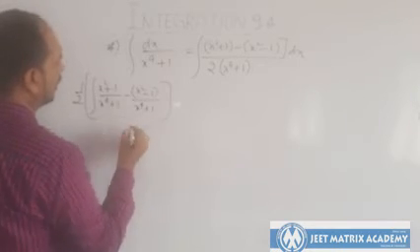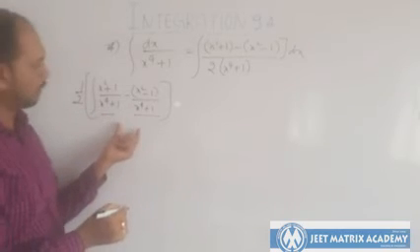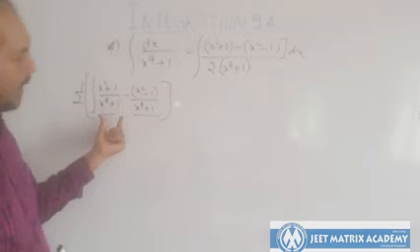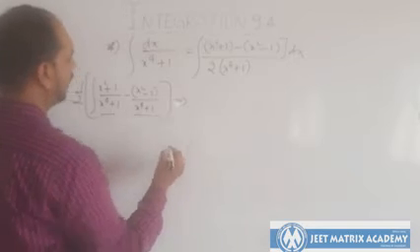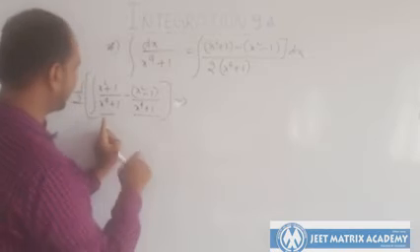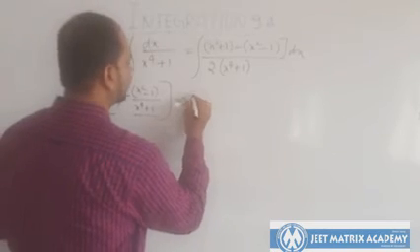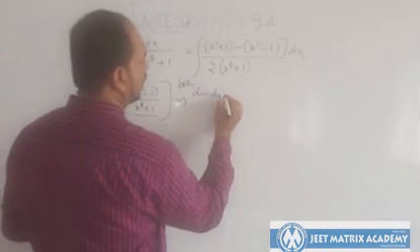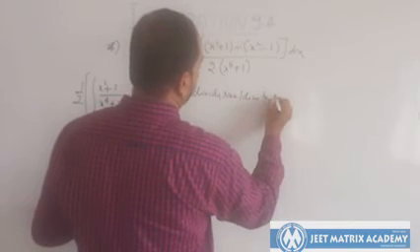See, these both integrations we know from the previous problems. So what you do, you're supposed to divide numerator and denominator by x square, am I right? So what directly I can write, a few of the steps I can skip, you observe. For both, divide numerator and denominator by x square.